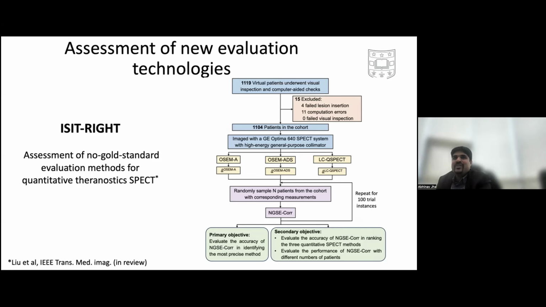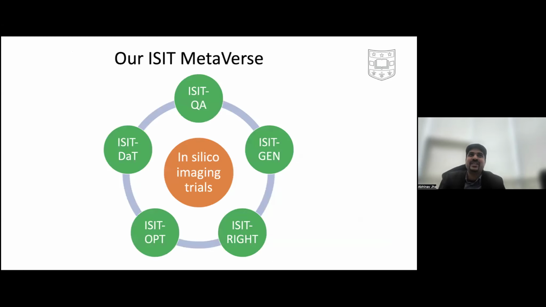So with that, let me present to you the ISIT metaverse, where I'm presenting these five trials. We have also done other in silico imaging trials. We find them to be a very valuable tool. We have done work for validation of our quantitative SPECT methods for thorium and radium quantification.